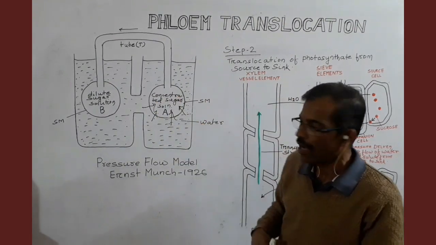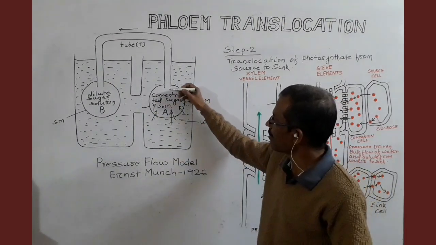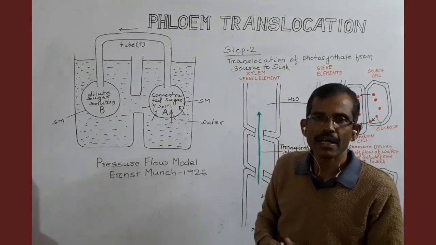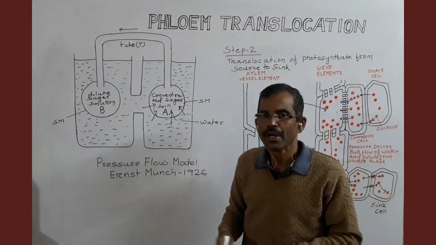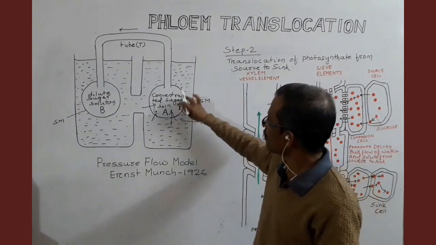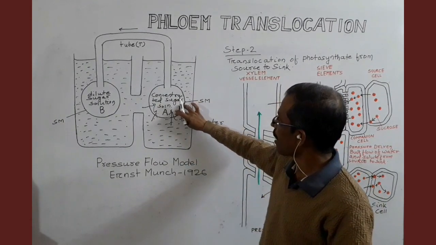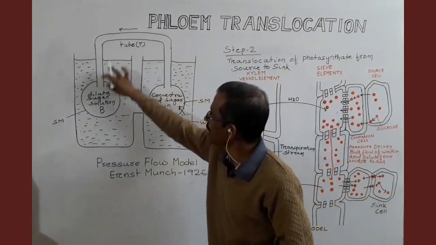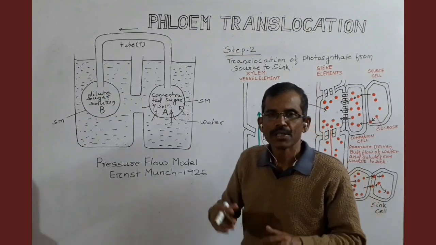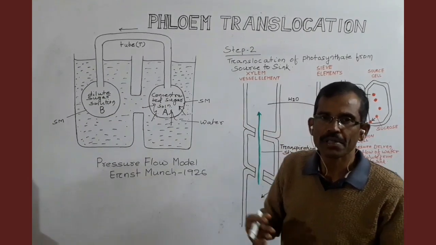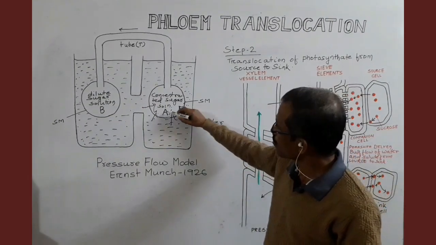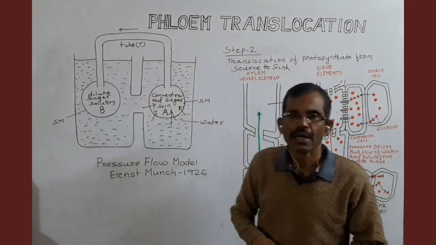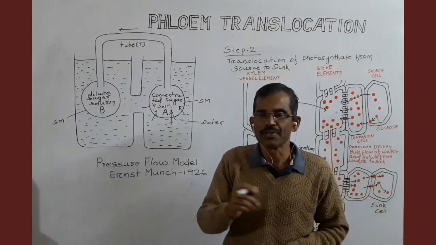As a result, hydrostatic pressure will develop in the osmometer A. This hydrostatic pressure will help in the flow of some of the sugar solution from osmometer A to the osmometer B through the tube T. This flow will continue until an equilibrium is reached.